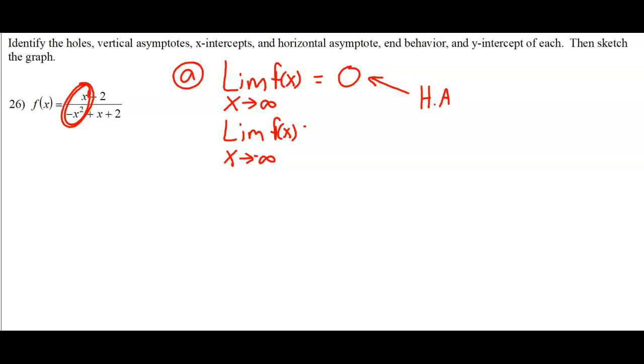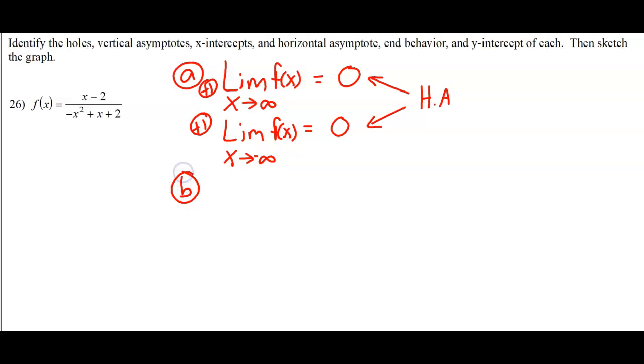And when you have a horizontal asymptote, whatever it is on the right-handed limit, it's going to be the same thing on the left-handed limit. So they both equal 0. Okay? So that'll be one of the questions that you'll get credit for on this test. I haven't quite decided yet if I'm going to make each of them worth 1 point or maybe just the whole thing worth 1 point. I'm not sure. But for now, we'll just say 1 point each.